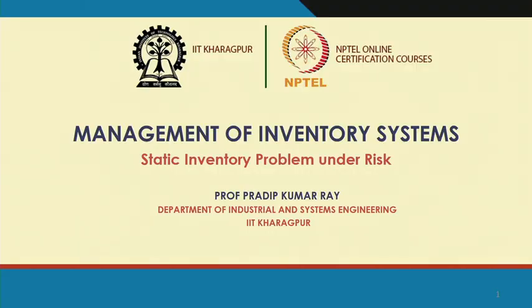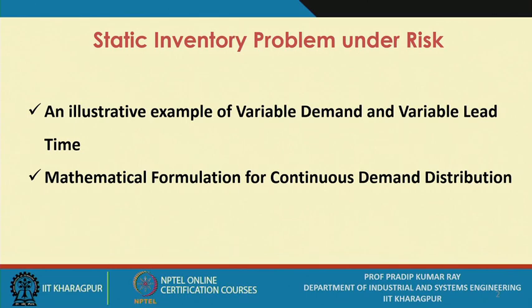While we discussed the static inventory problem under risk in the previous lecture sessions, you might have noticed that we have classified the problems under 4 categories. In the first category, we consider constant demand and constant lead time.